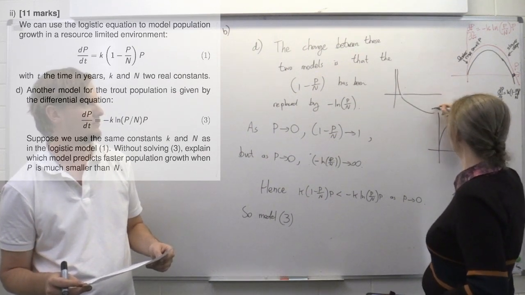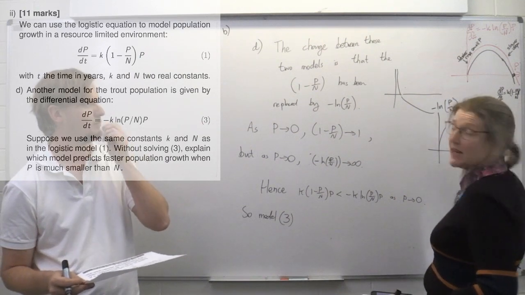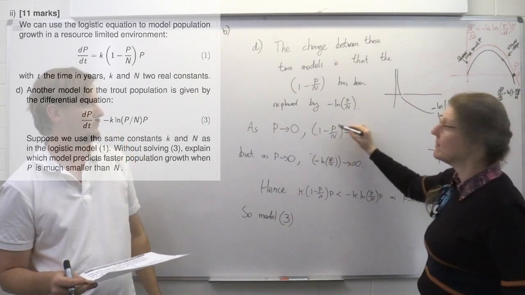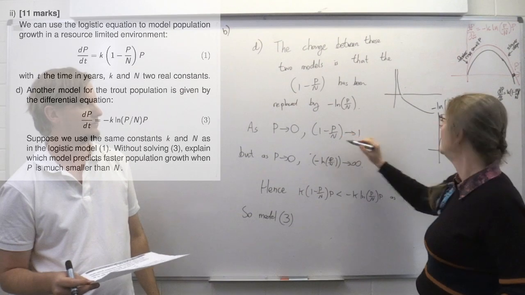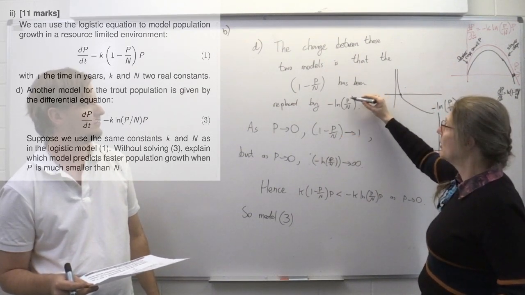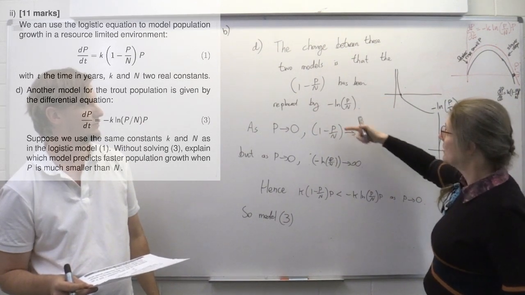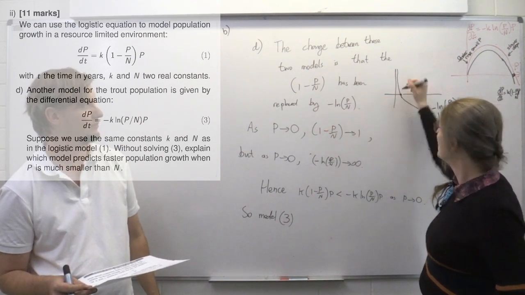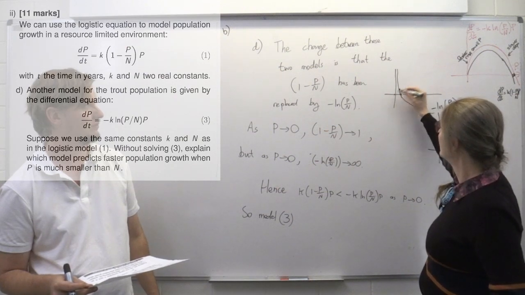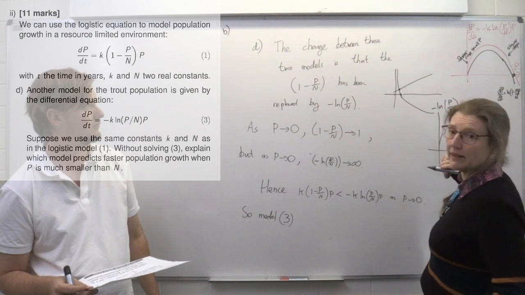So this is minus log of p on n, and then you want to compare with 1 minus p on n. This is going to occur when p is n. When p is n, this is going to be 1, it's going to be up here, and when p is 0, it's going through 1, so it's going to look like this.